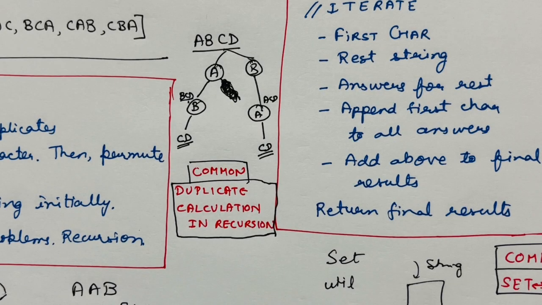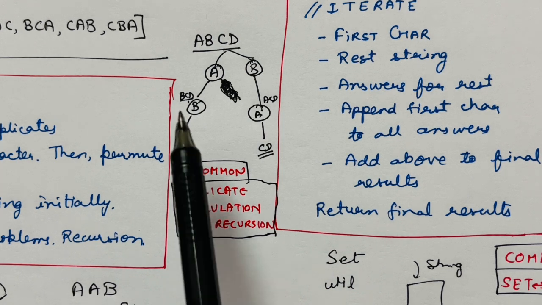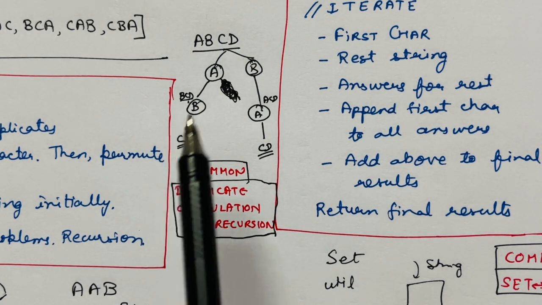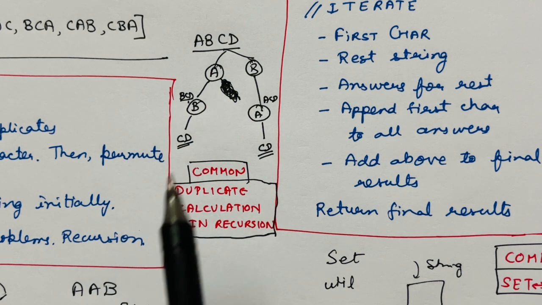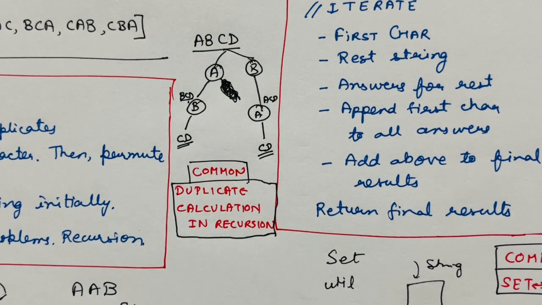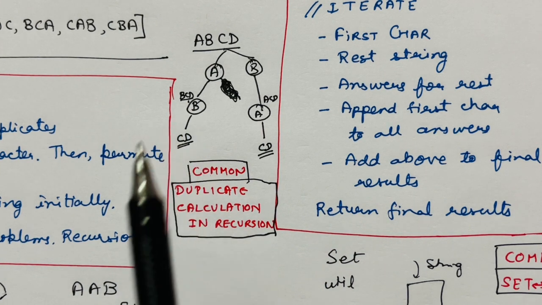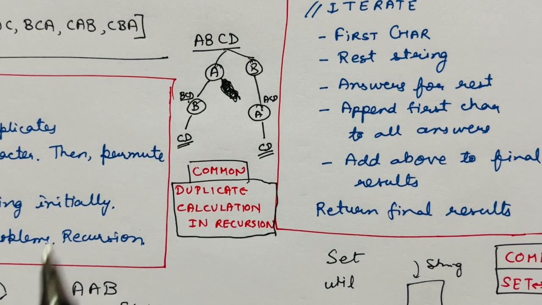We should also notice one more thing. Whenever we are using recursion, we should always check if we are calculating the output for the same input again and again. For example, if the string given here was ABCD, then we would first fix A and then we need to find answers for BCD. To find answers for BCD, we will first fix B and then we will find answers for CD and so on.